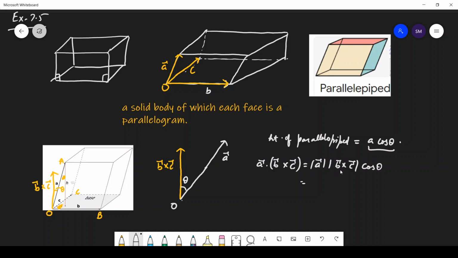And what is this B cross C? That is the area of the base. So this B cross C is the base area of the parallelepiped, into the height of the parallelepiped. So base into height is volume. So that's the volume of the parallelepiped.